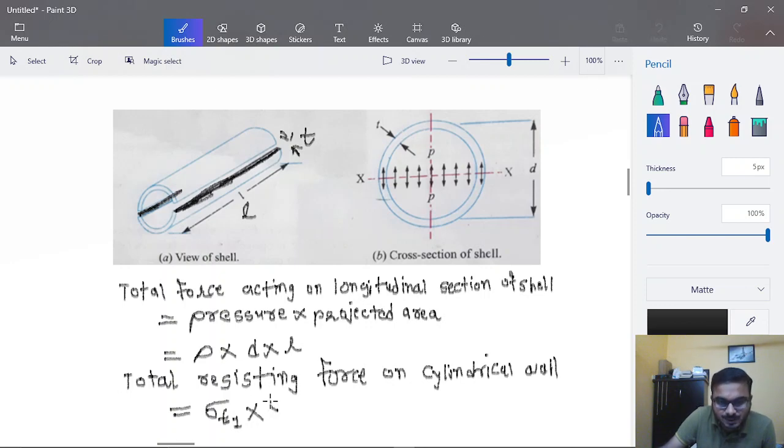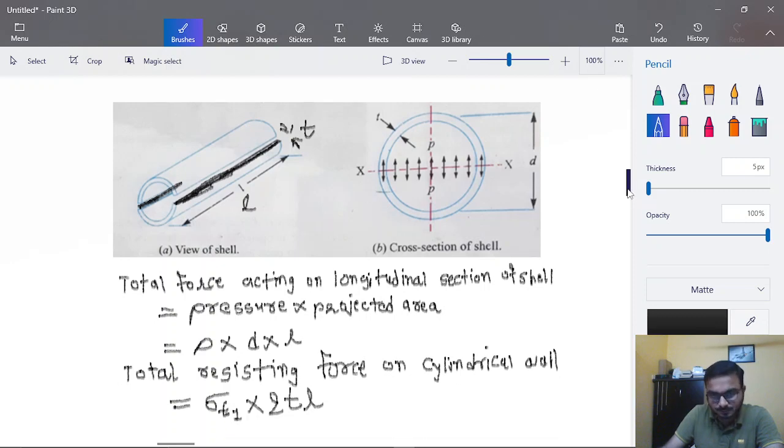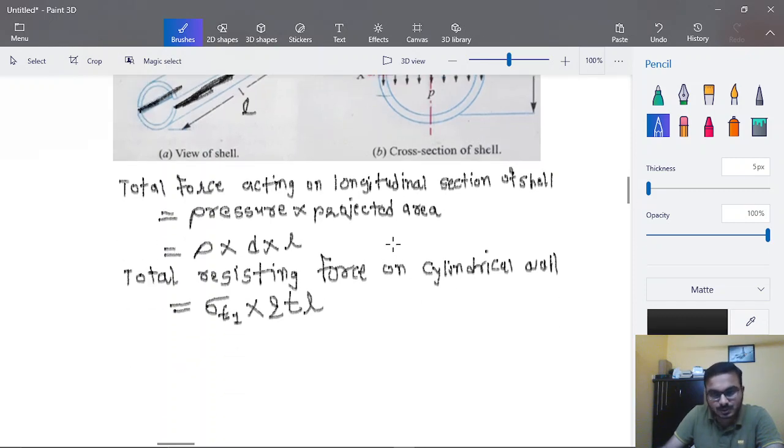So it should be 2 T L, because there are two sections. So this will be our equation 1 and this will be our equation 2.